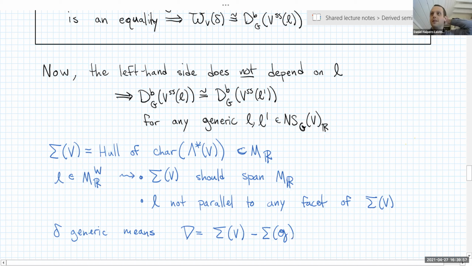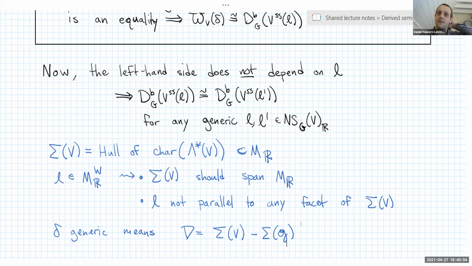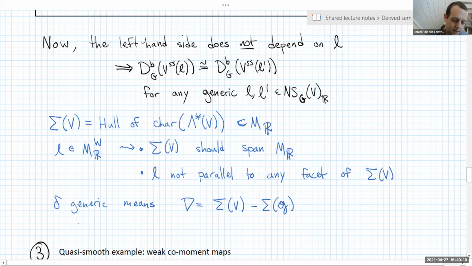It's the points where the Minkowski sum of that point plus this sigma of G lives inside of sigma of V. It means that delta plus nabla, the boundary, does not intersect the lattice. So this is the genericity condition on delta.